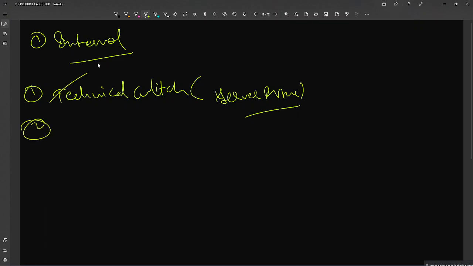Someone else can try. Pramod, I heard your answer. Let someone else also try. Suman, Ravi, Pratik, Siddharth, Indu. Sir, another can be any big announcement made by the company.